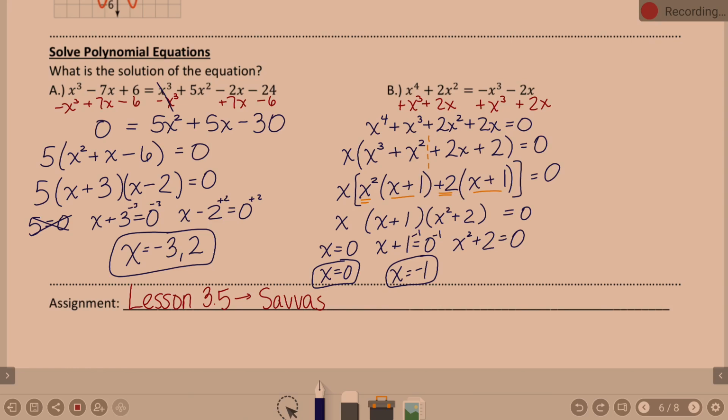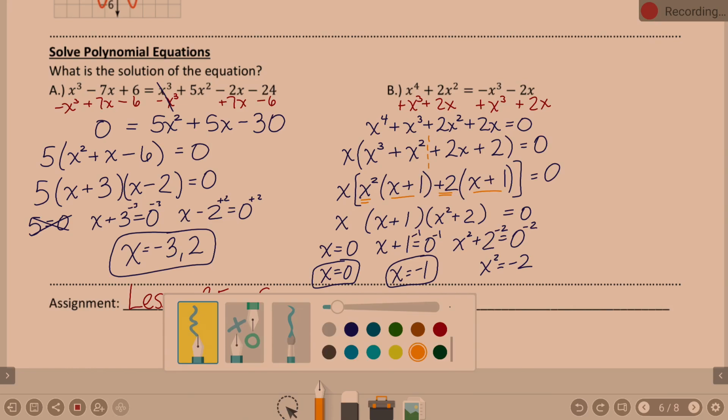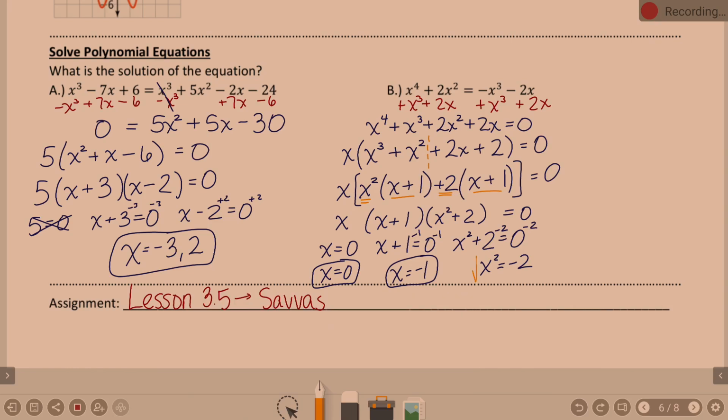First, we're going to subtract 2 over. When you subtract 2 over, you have x squared equals negative 2. Once you have x squared equals a number, my job is to square root. X equals plus or minus square root of negative 2.